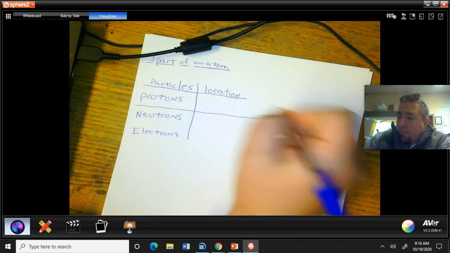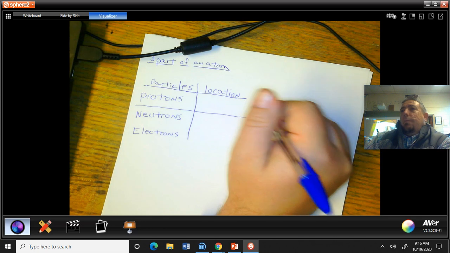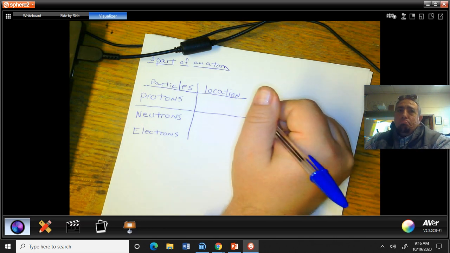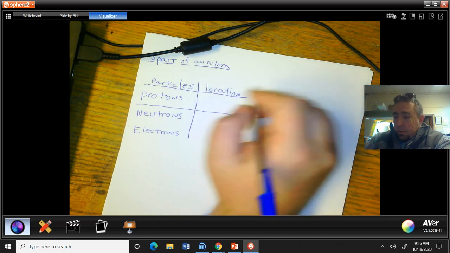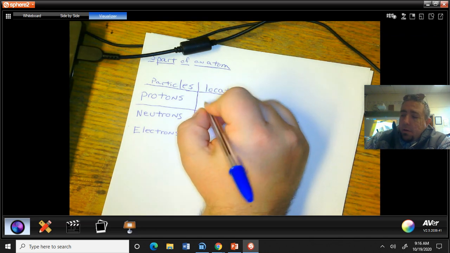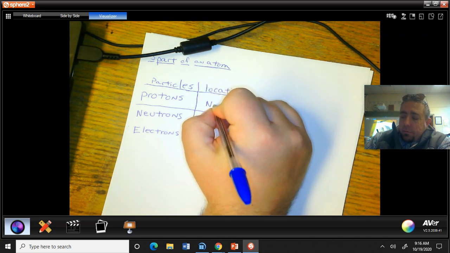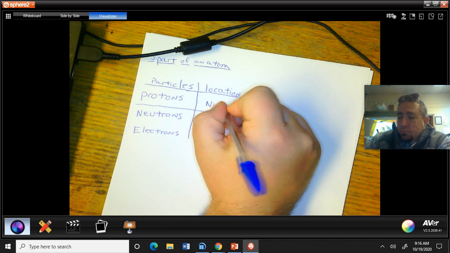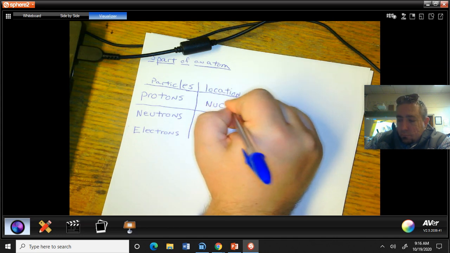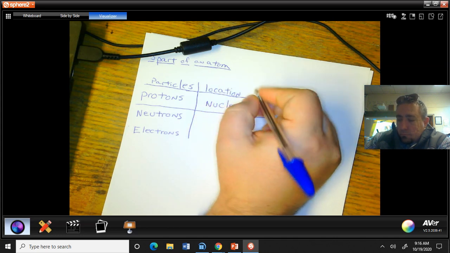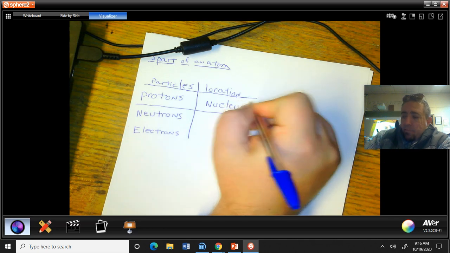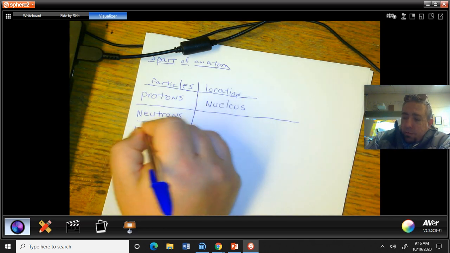So where can you find protons? These are found in the nucleus of an atom. What about neutrons?